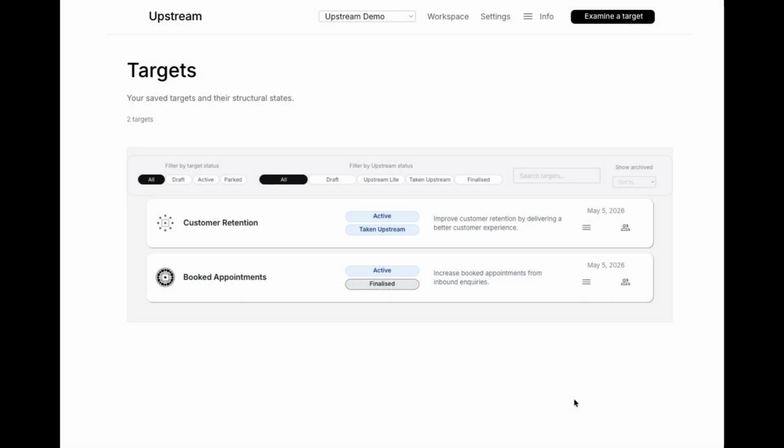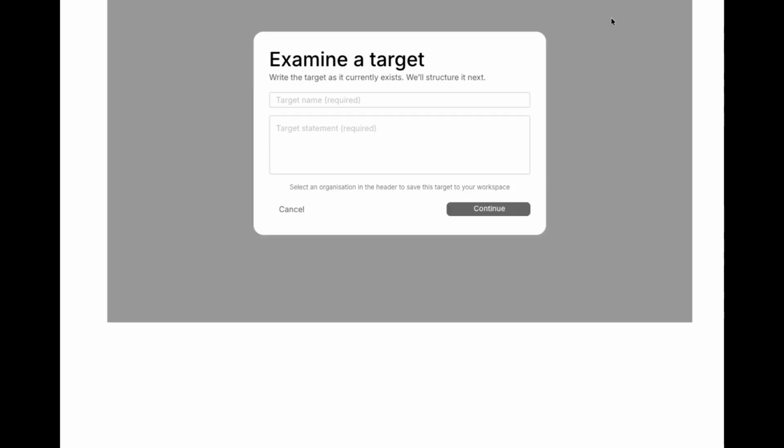For today's example, we're going to use a commonly used target to increase appointments from inbound inquiries. I'm going to call this booked conversions. Now we're going to enter our statement. This is how the target would commonly be written.